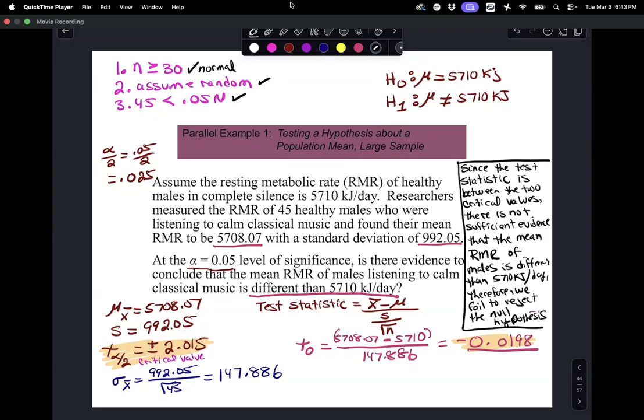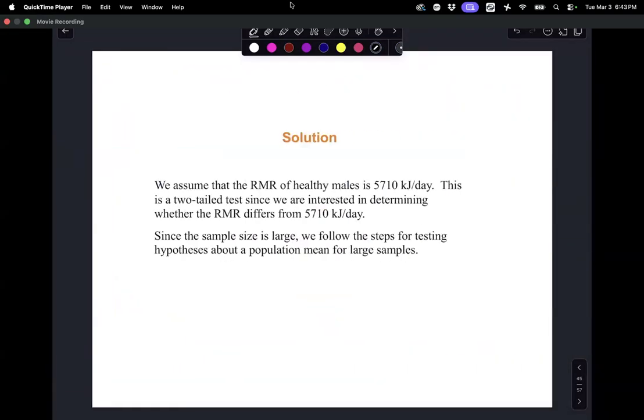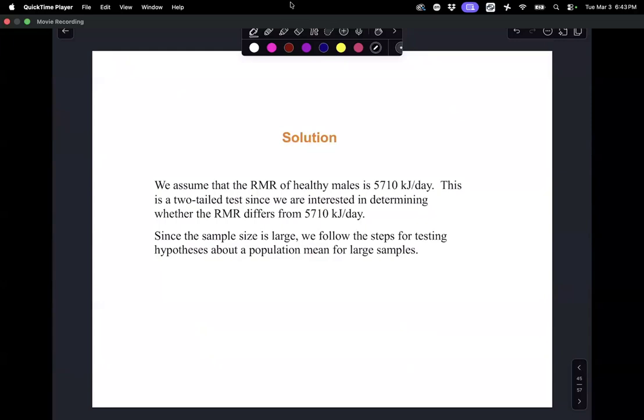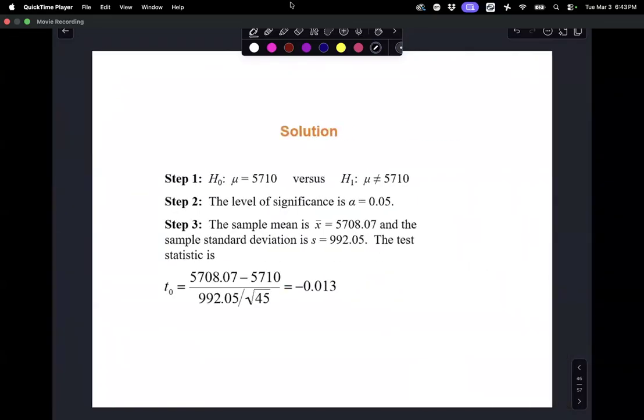All right. I'm going to pop over to the other screen. So once again, this is showing the thing. Sample size is large. This one does not give all the stuff. It just says sample size is large, we're following it. It doesn't do the independence and all that, but you need to do that.